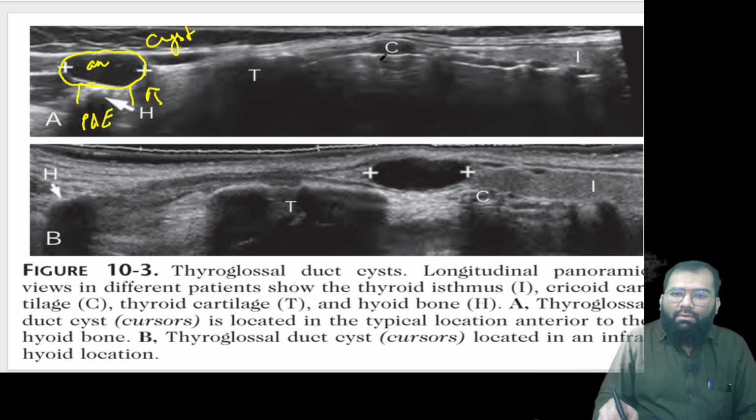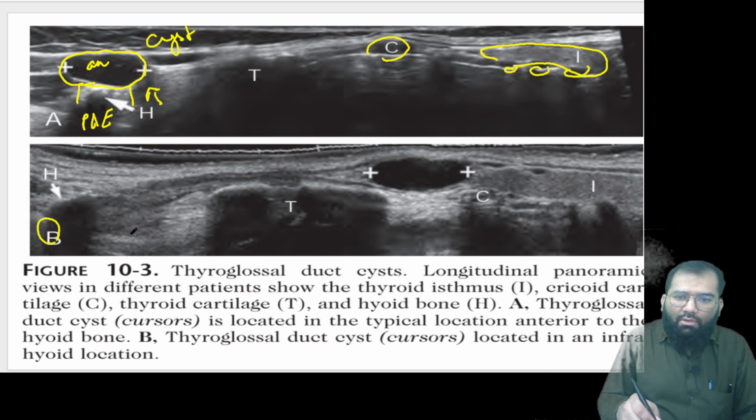Now again look here. This is the cyst. Okay, and this is the normal thyroid gland. And these are the tracheal rings. Again here in this case B, you can see that this is the thyroglossal cyst. Okay, this is the thyroglossal cyst. The infrahyoid region.